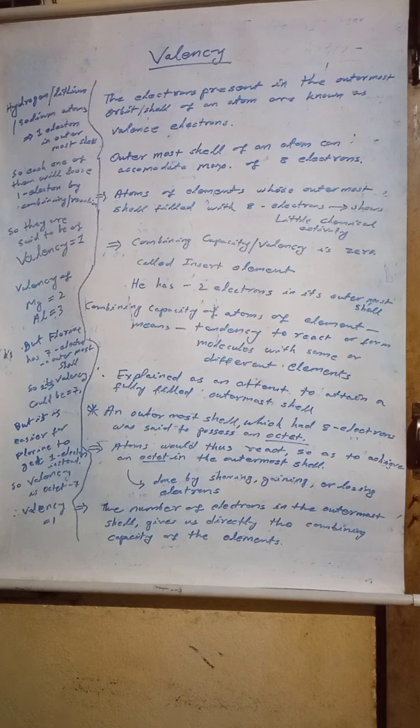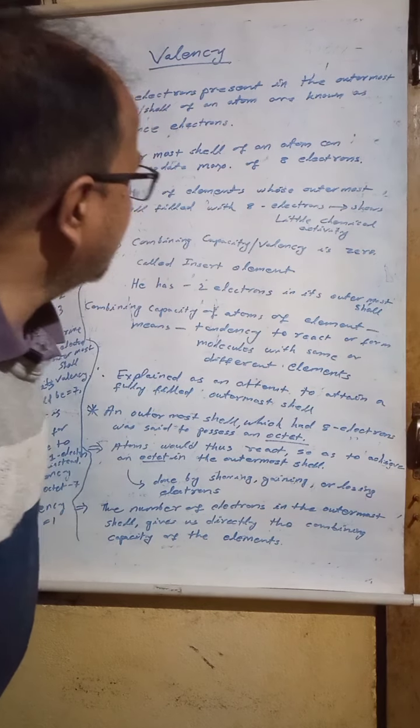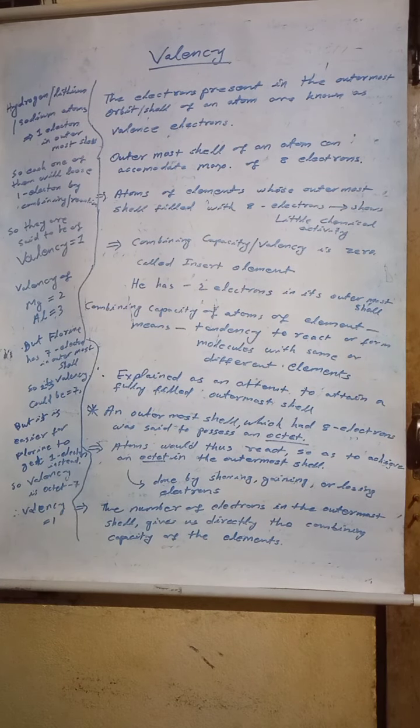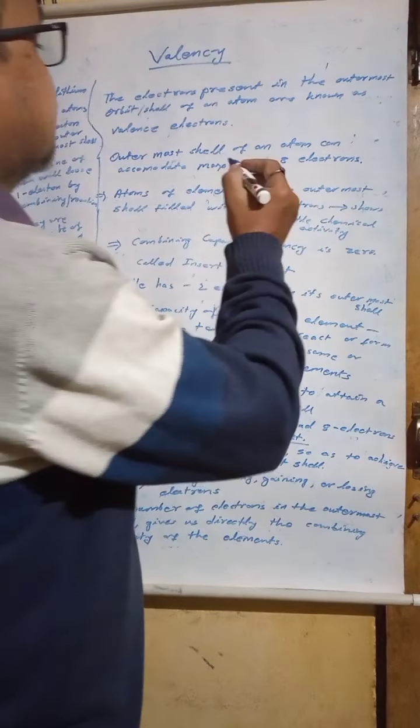Once one cell is filled, then the next cell will be filled. So, electrons present in the outermost orbit or shell of an atom are known as valency electrons. The electrons present in the outermost shell.